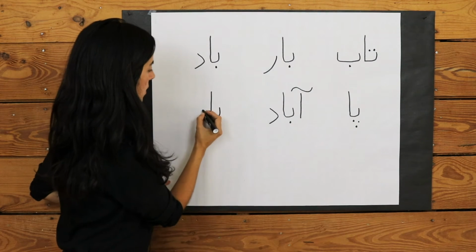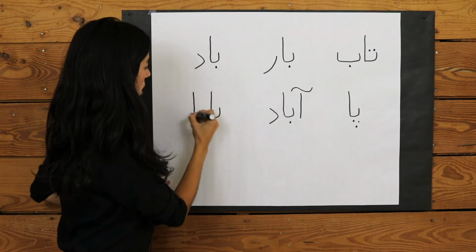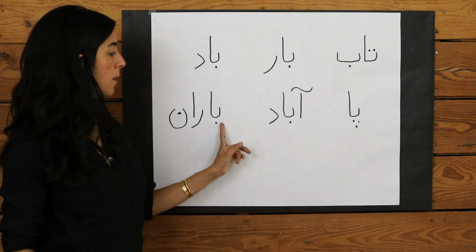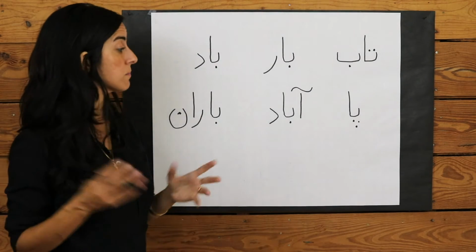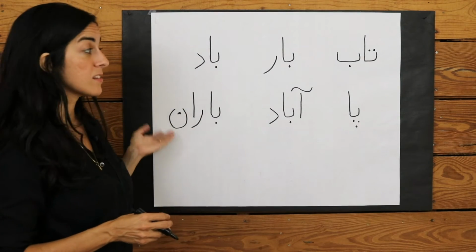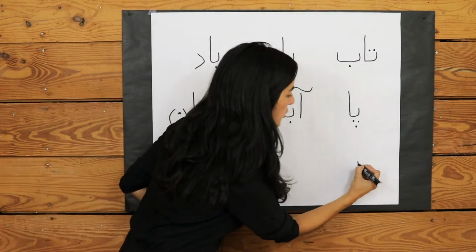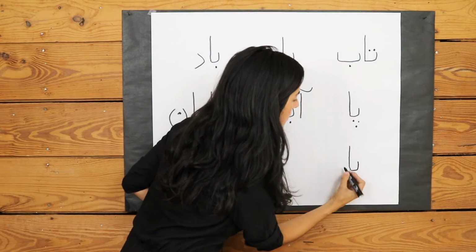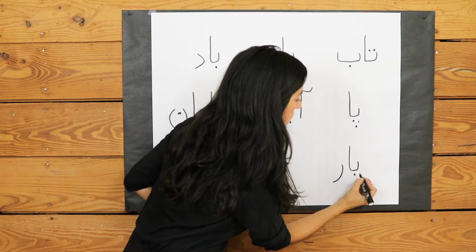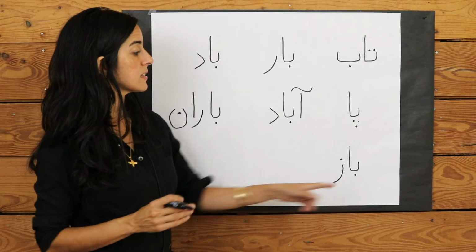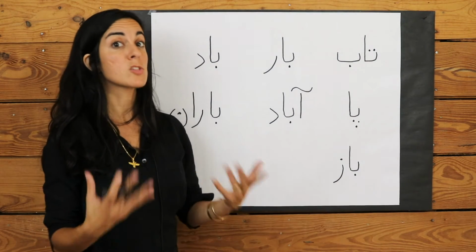Be, a, re, a, ne, baran, and that means rain. And that's a nice 5-letter word there. So you should be impressed that you can read that already. Be, a, ze is baz, and that means open.